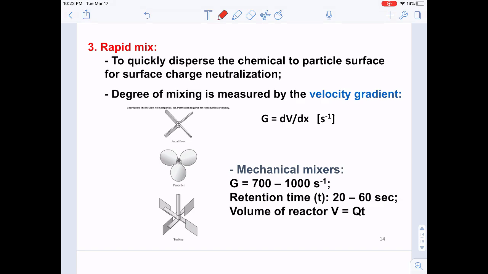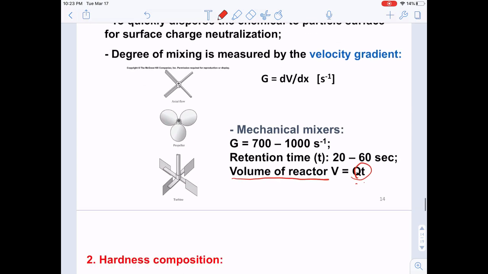So here we introduce that if we want to calculate what is the volume of water, what we need to do is just multiply the flow rate by the residence time, right? So you can see from the homework problems this time that if we know the flow rate and we know the retention time or detention time or residence time, whatever they call them, so if we just multiply the time by the flow rate, then we can design what is the volume of this reactor or the flocculator, right?